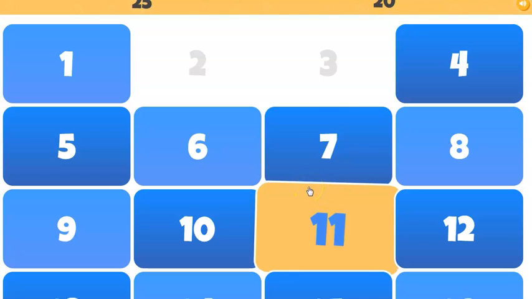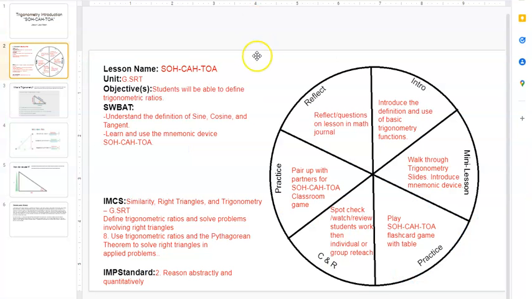We're going to play this as a game. It's just helping to cement that SOHCAHTOA mnemonic device. That's the main thing we're doing with this lesson. Not so much having them solve problems, but getting down what we're actually talking about, that it is a ratio function and what it means and what its uses are.